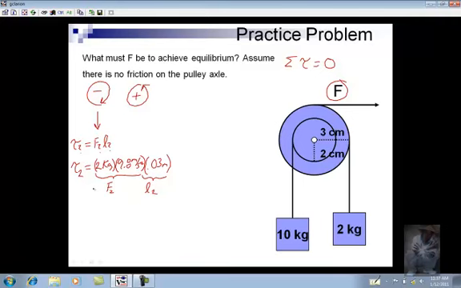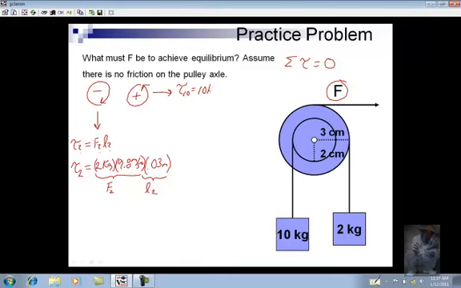Let's look at the positive torques. The positive torque would be from that one. So I'm going to call that torque sub 10. So its force that it's experiencing is what? What is its force? Yeah, so 10 kilograms. I heard someone say 98.